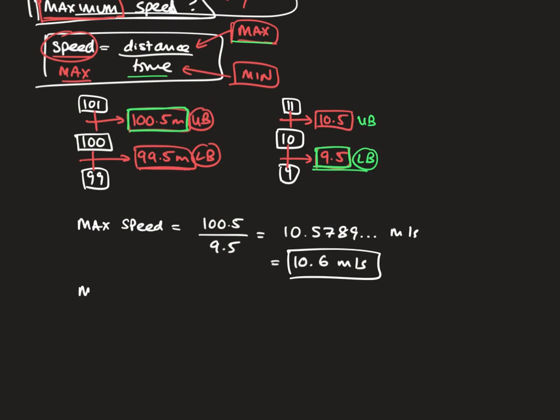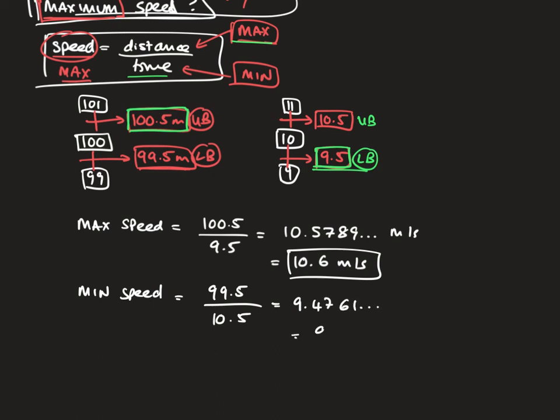But look, if we wanted to know what the minimum speed was, we actually use our minimum distance, which was 99.5 meters, and divide it by the much longer time, 10.5, which is 9.476.